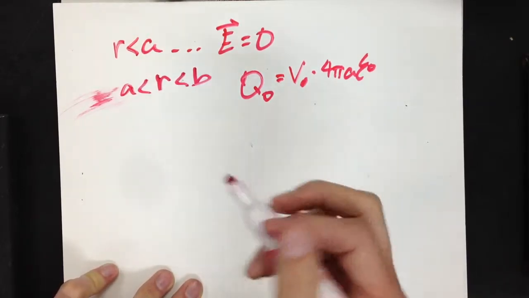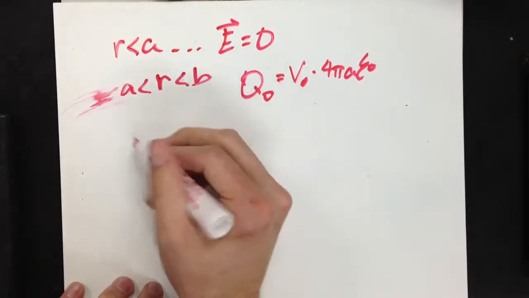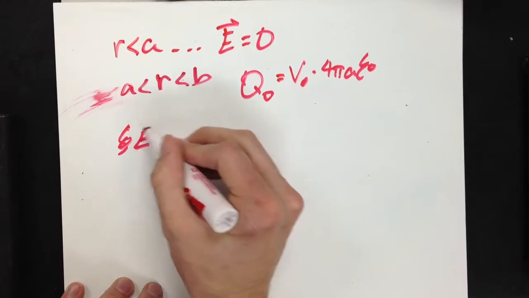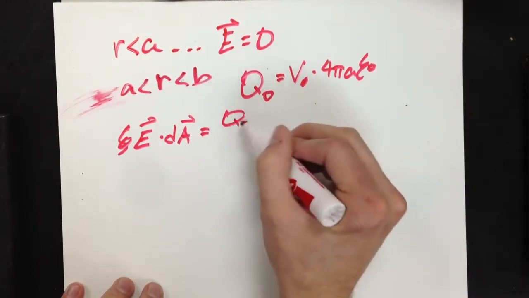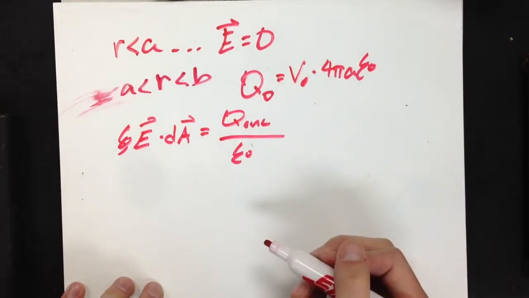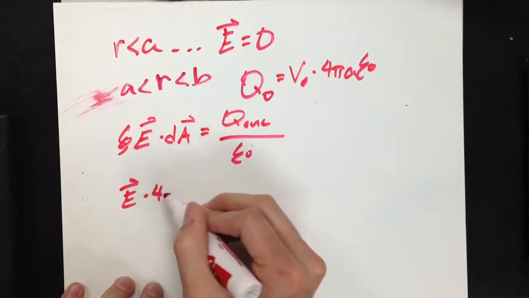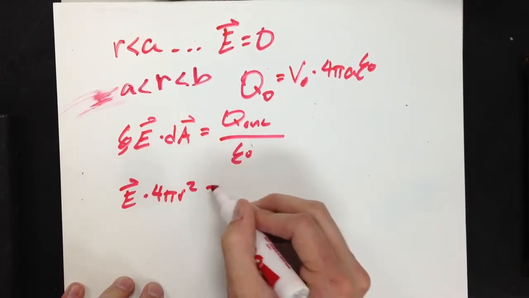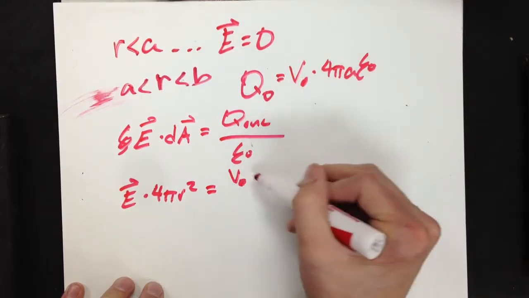Once I'm inside that region of space between my insulating sphere and my conductor, I can use Gauss's law, and my Q enclosed is going to be Q naught. So my electric field times my area, which would be 4 pi r squared, equals Q enclosed, which is Q naught, which is this.